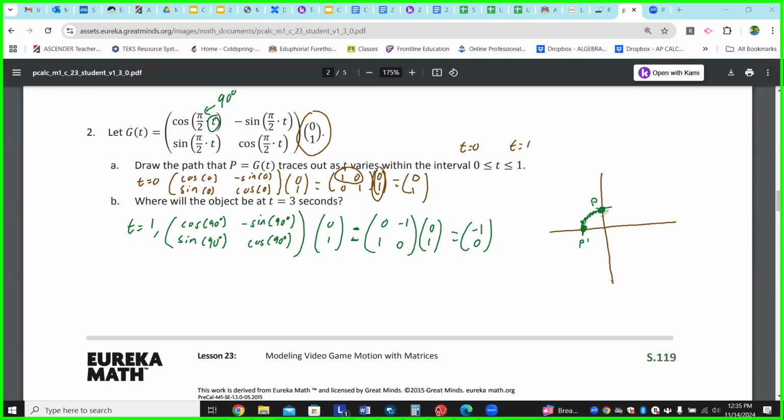Infinitely many points there would make an arc between 0 and 1 second. So if I wanted to know what half a second was, I'd probably be somewhere there. If I wanted a quarter of a second, I'd probably be there. And if I kept on changing it, it'll be any value in between those. If you did Desmos, it does really cool and it actually plots it as it moves in time, depending on what value you want. But that's kind of hard to do. Okay, so that is plotting all the points between 0 and 1.